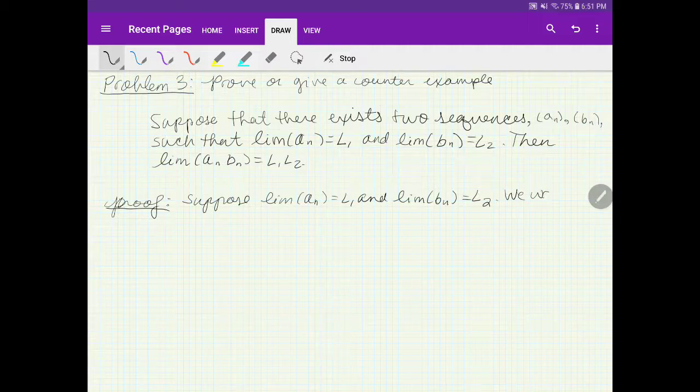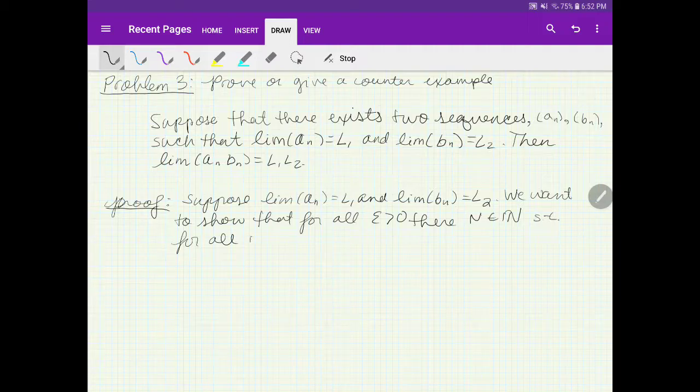Well, we want to show that for all epsilon greater than 0, there exists an N that's an element of the natural numbers such that for all n greater than or equal to capital N, the absolute value of a sub n times b sub n minus L1 times L2 is less than epsilon.